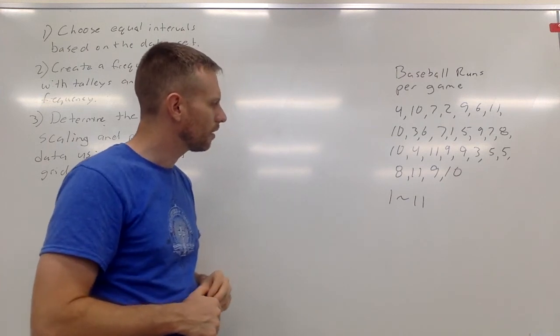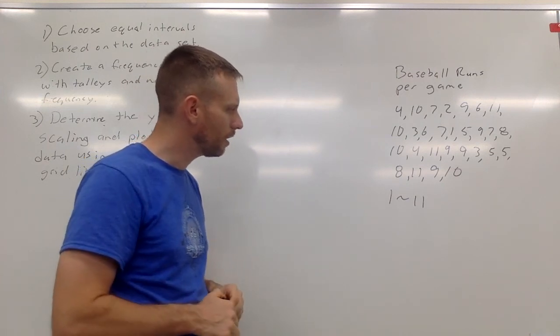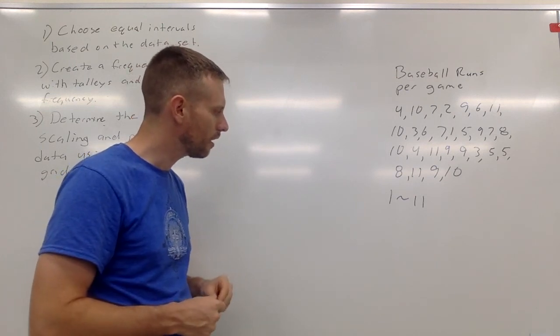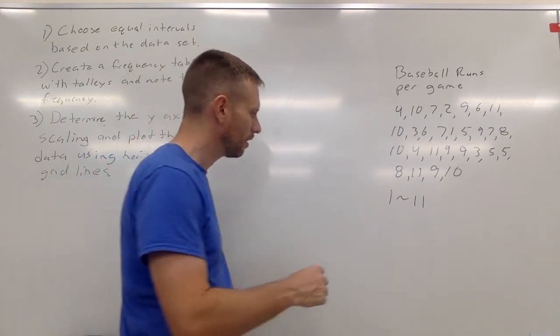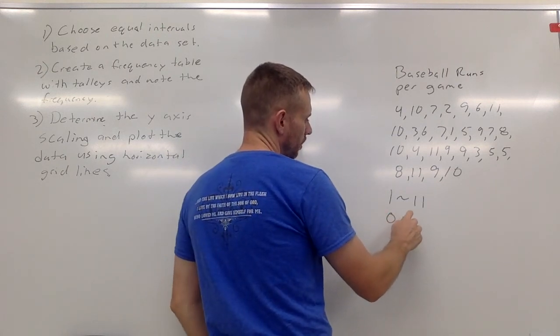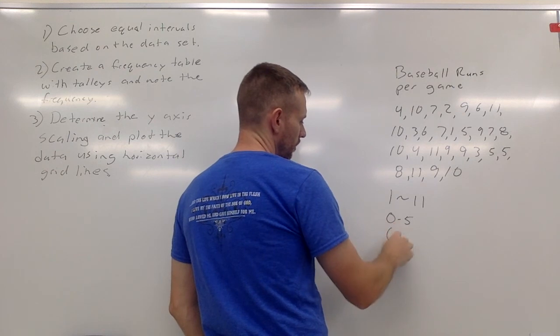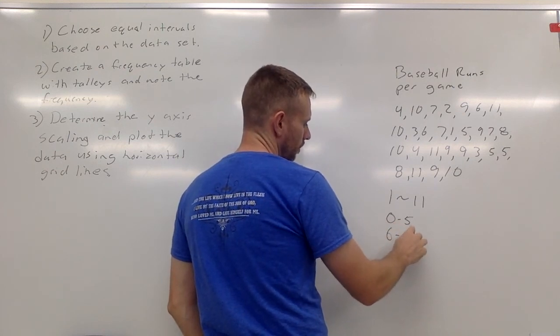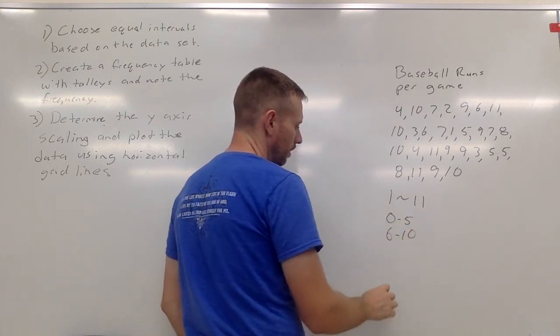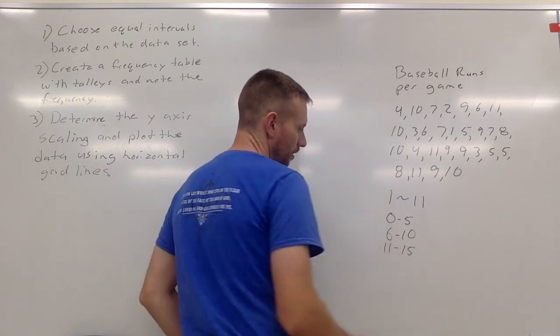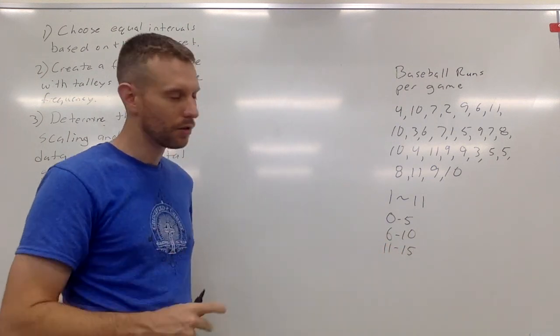Now, there's a couple ways to do this incorrectly. Let's say I want to do 0 to 5 and 6 to 10 and 11 to 15. Now there's 2 mistakes here.